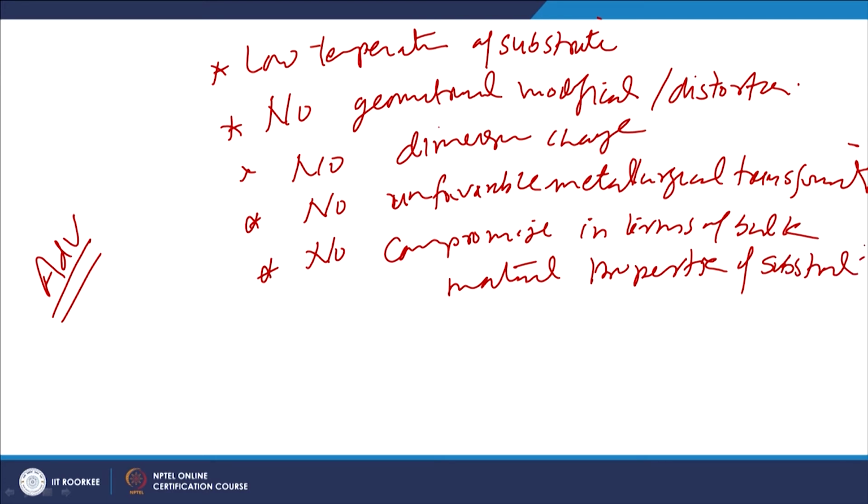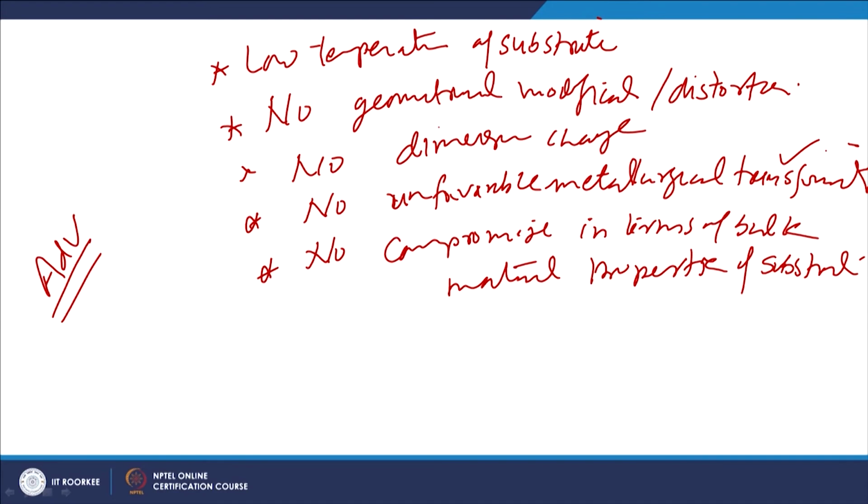So, we have seen that in high temperature processes like carburizing or cyaniding, where too high temperatures are used, we experience a lot of undesirable effects in terms of distortion or dimensional changes, unfavorable metallurgical transformation in the base metal, leading to a compromise with regard to the mechanical properties of the component.